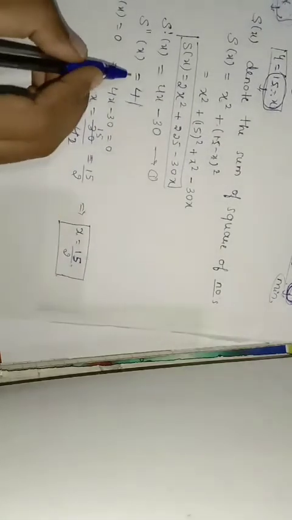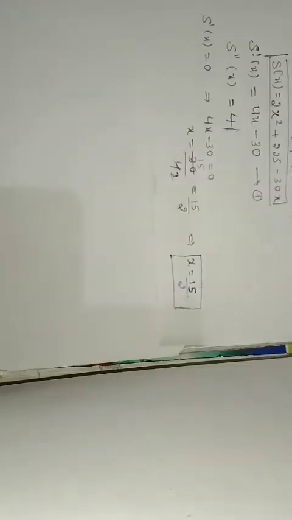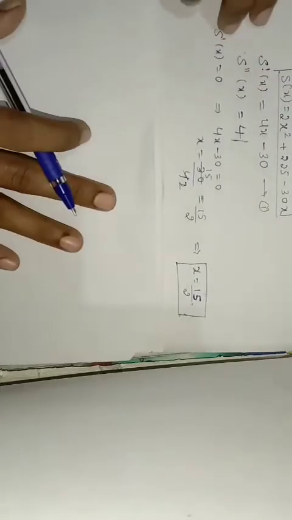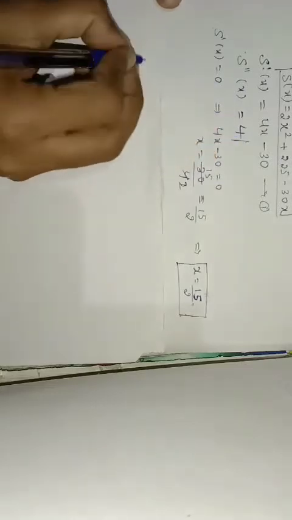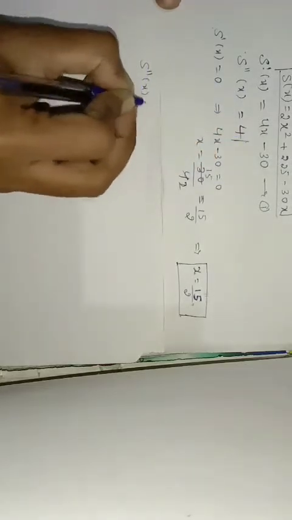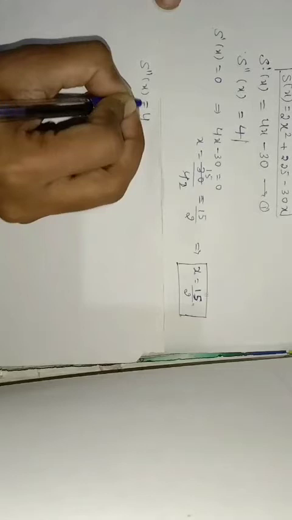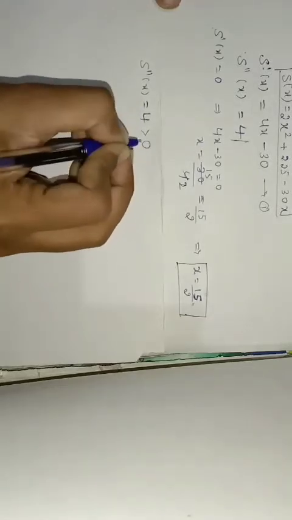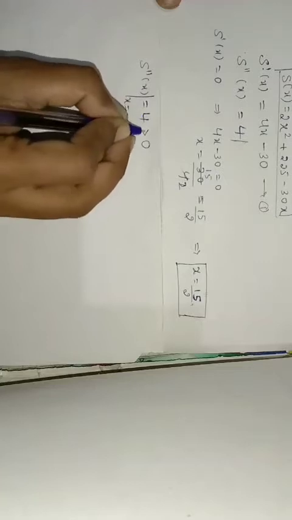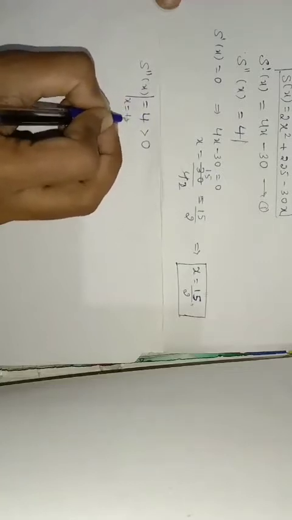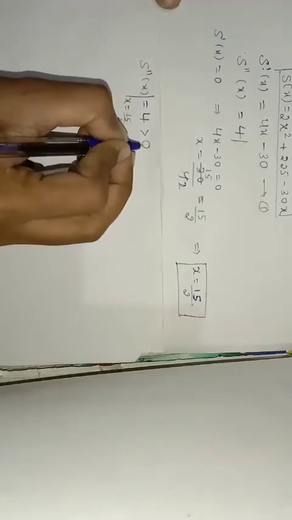Here we have S double dash of x is 4. That is a constant function, so S double dash of x is equal to plus 4. This is greater than 0. For any x it will be the same; for x equal to 15 by 2 it is greater than 0.